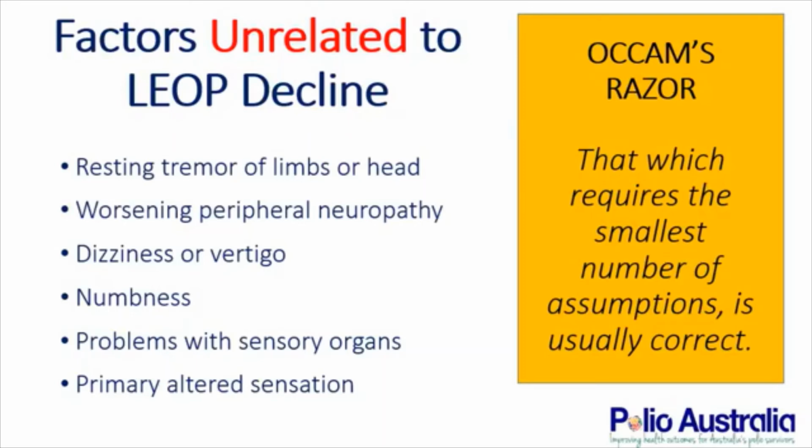Resting tremor, worsening peripheral neuropathy. So they have a peripheral neuropathy and it changes, it gets worse. That is not late effects of polio. Dizziness, vertigo, problems with sensory organs, eyes, ears, smell, that kind of thing. Numbness is not a usual symptom of late effects of polio, and primary altered sensation.